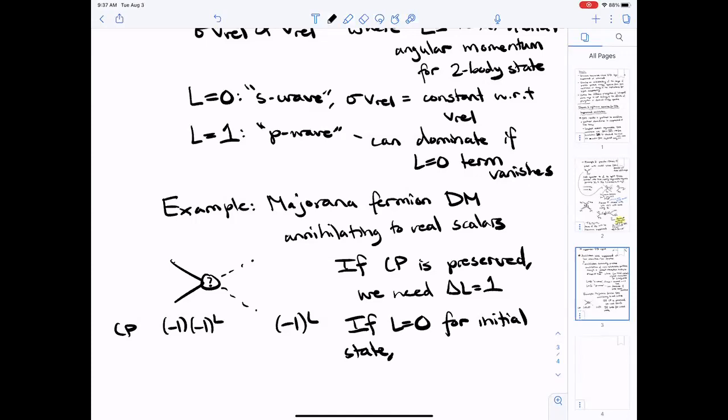Their state has to be antisymmetric overall. But if we're in L equals 0, that means their spatial state is symmetric. Like the wave function of the L equals 0 state is just symmetric. So L equals 0 means their spatial wave function is symmetric. That means that their spin wave function needs to be antisymmetric. When I flip the spins, I have to get a minus sign.